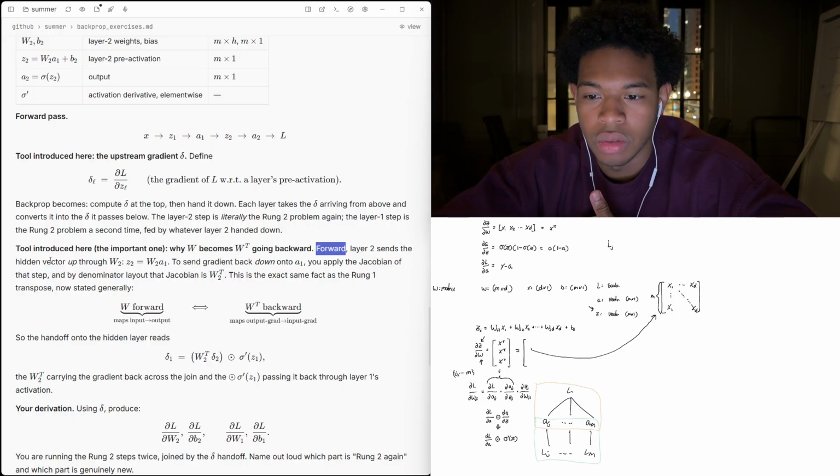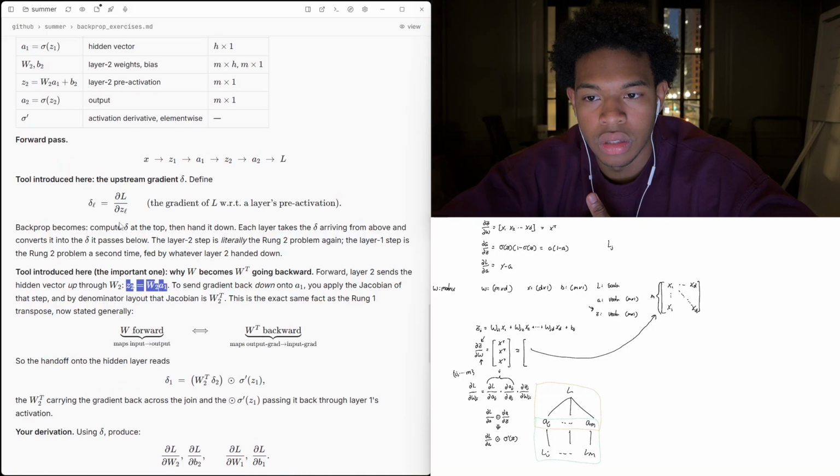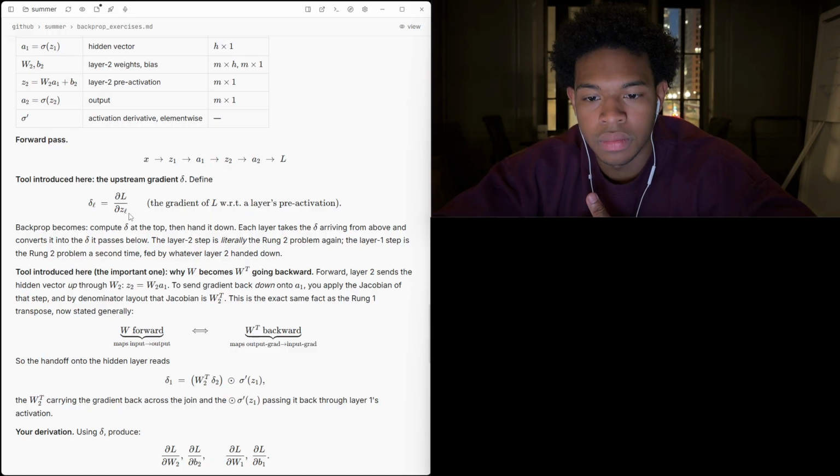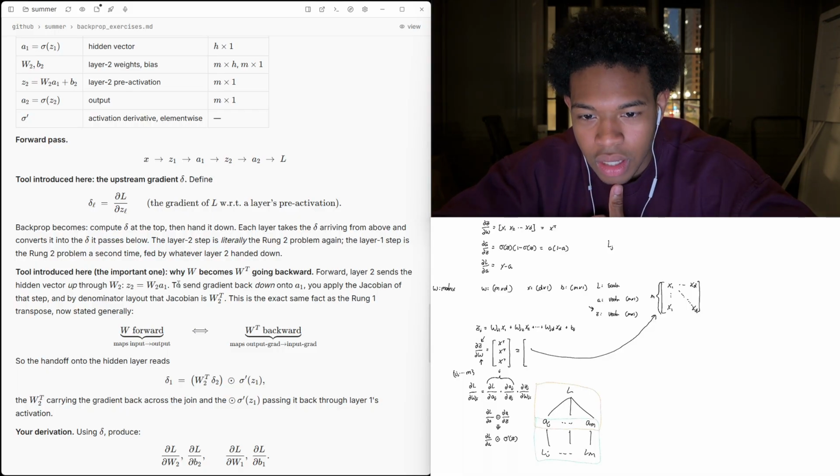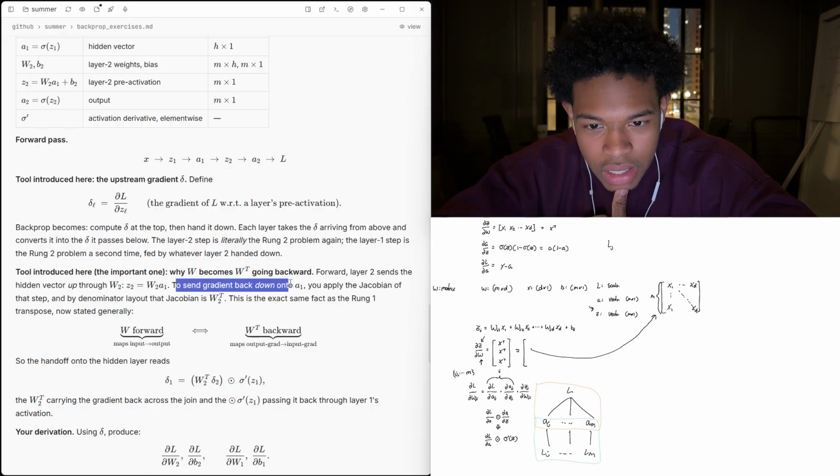Forward, layer 2 sends the hidden layer up through W2. This isn't true. Where's the bias? And why did my iPad disconnect? Descend gradient back down to A1.